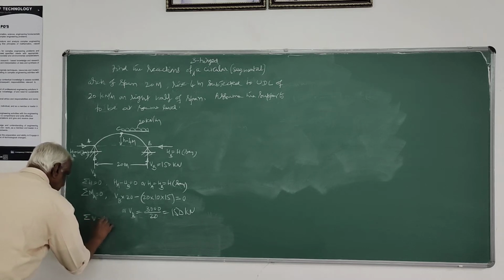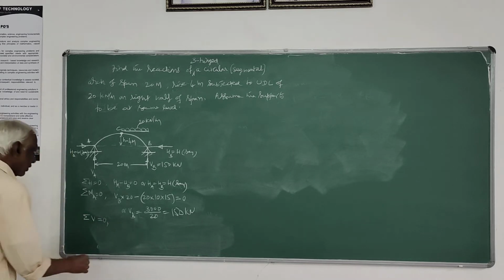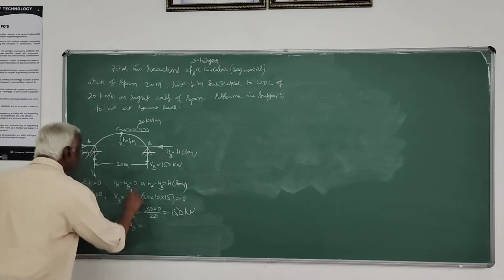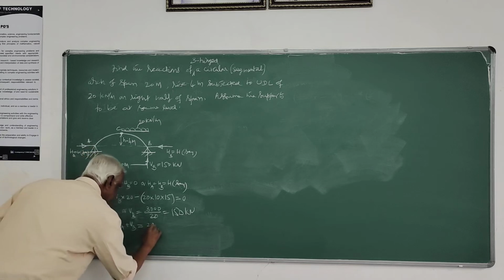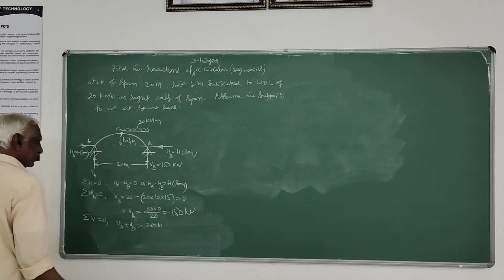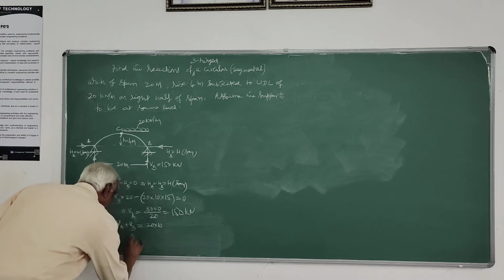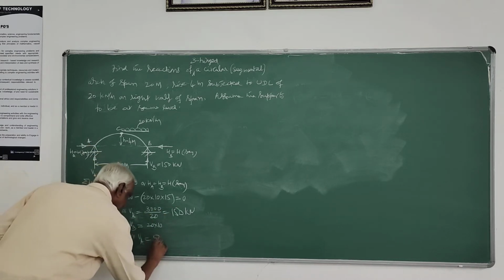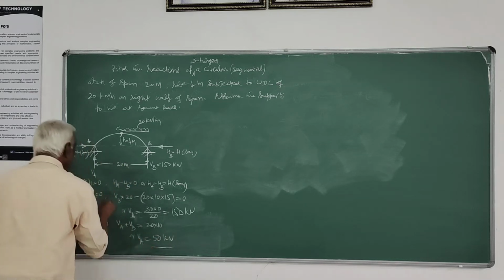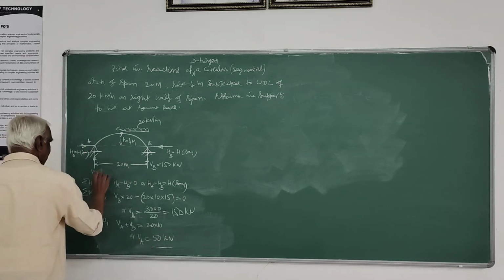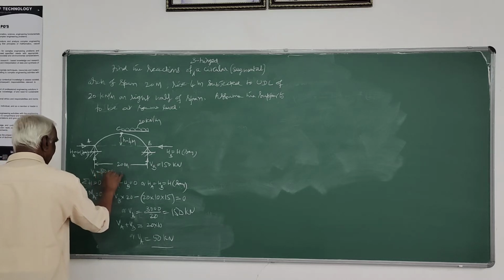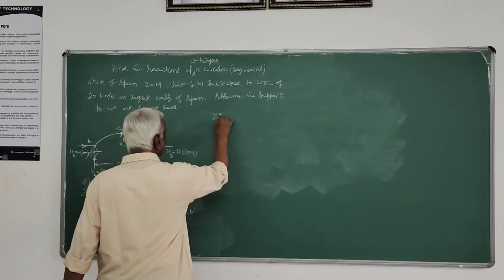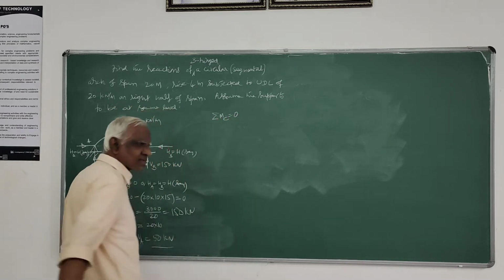Then you can apply sigma V equals 0. You have VA plus VB equal to 20 into 10, that is 200. So our VA is equal to 200 minus VB, that is 50. So this is 50 kilonewtons. Then H you can find out from sigma MC equals 0.